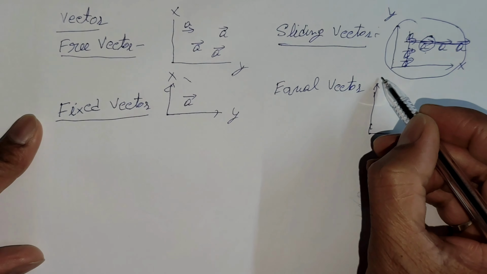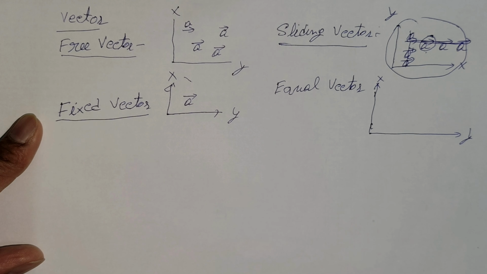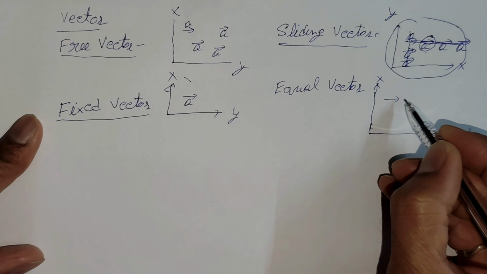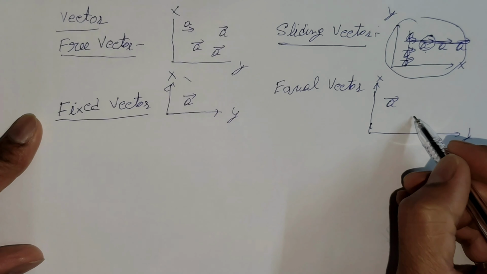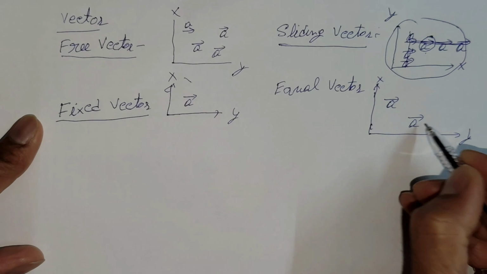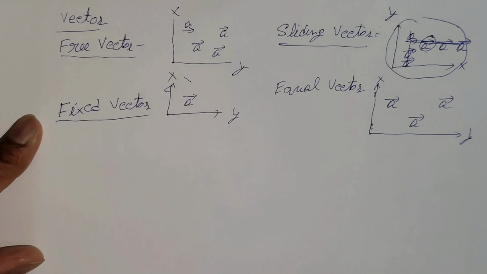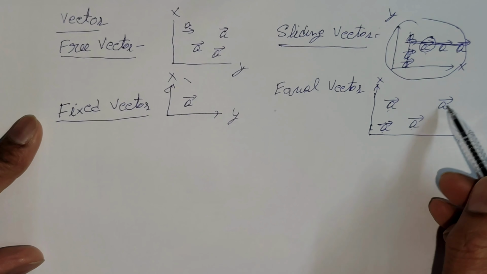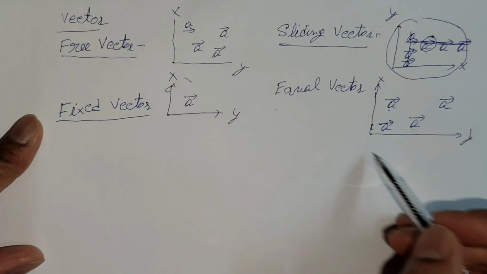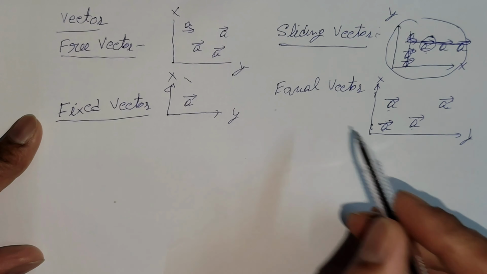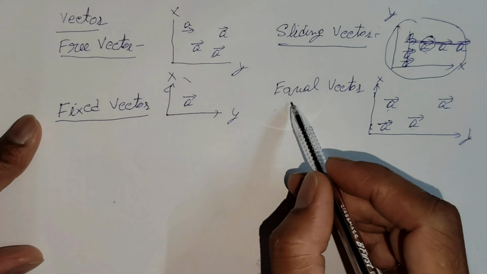Suppose this is the xy plane, and we have a vector here, a vector here, a vector here, and a vector here. Every time the magnitude is the same and the direction is the same, that means these four vectors are equal to each other. That is called an equal vector.